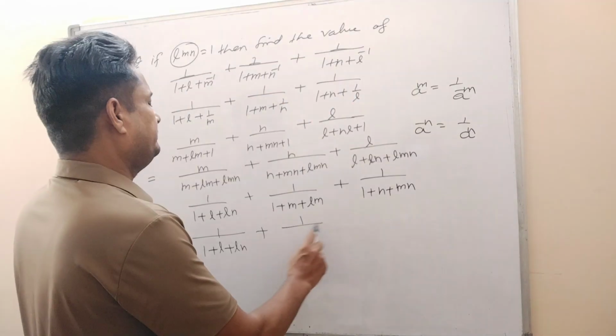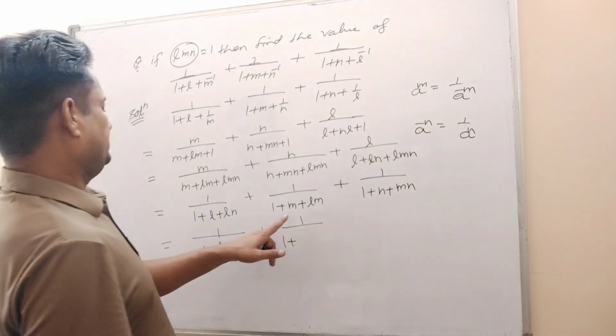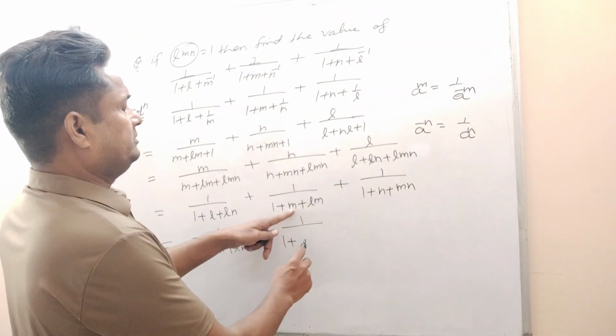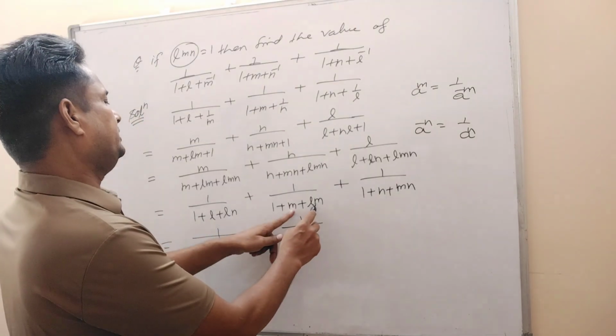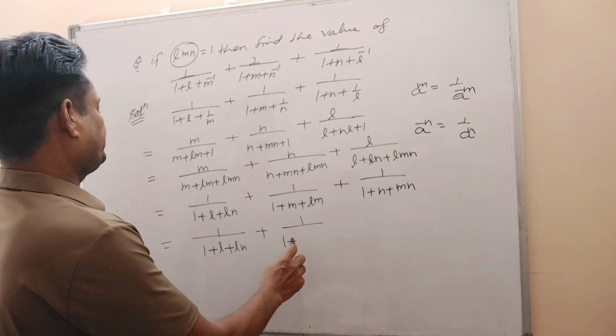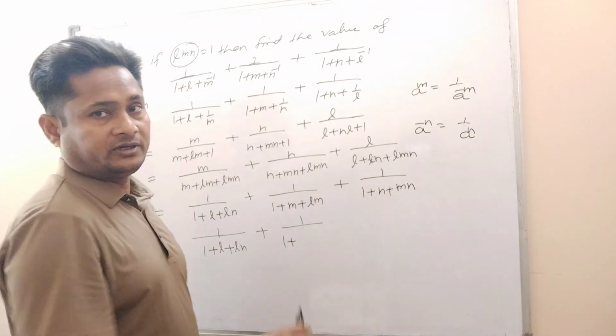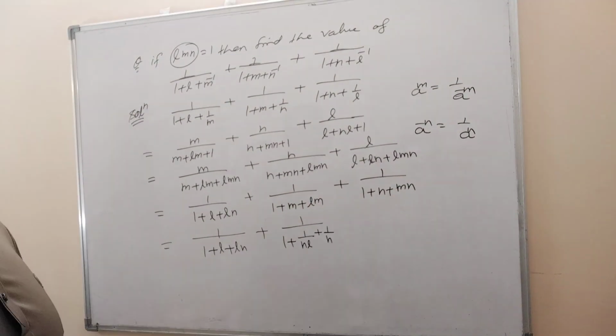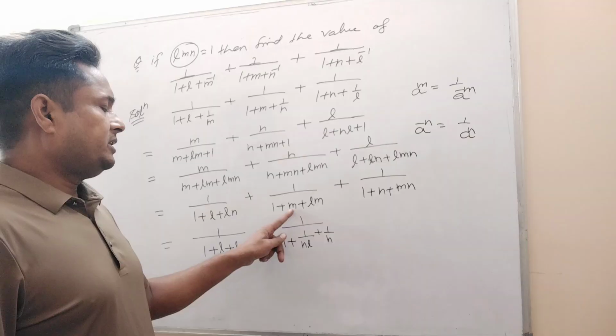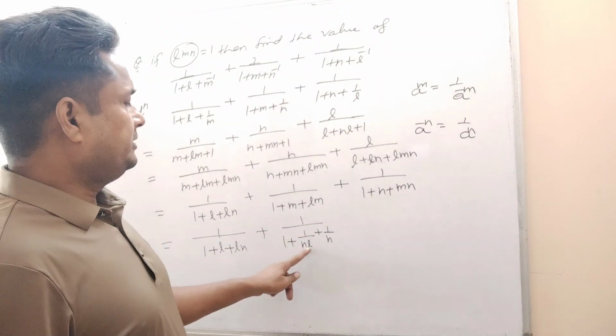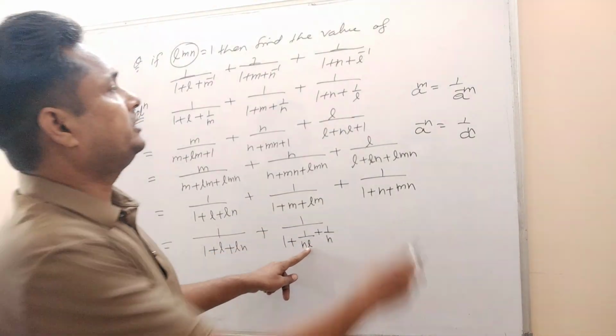So this will be 1 plus here m can be replaced as what? Lm can be replaced as, now m can be replaced as 1 by nl from the relation this one.